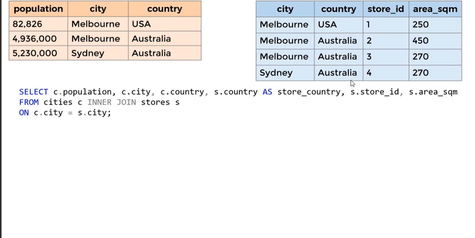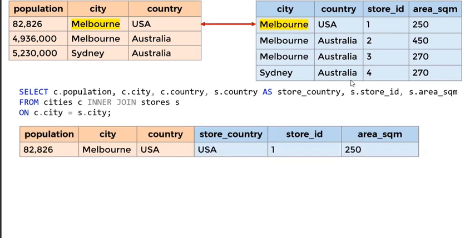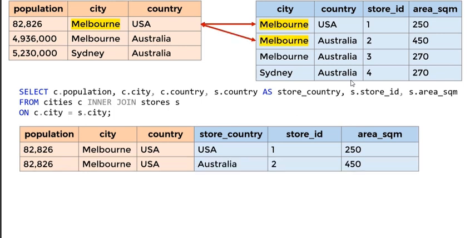Let's go through each of the rows that get matched. Melbourne USA gets joined to Melbourne for store ID 1.